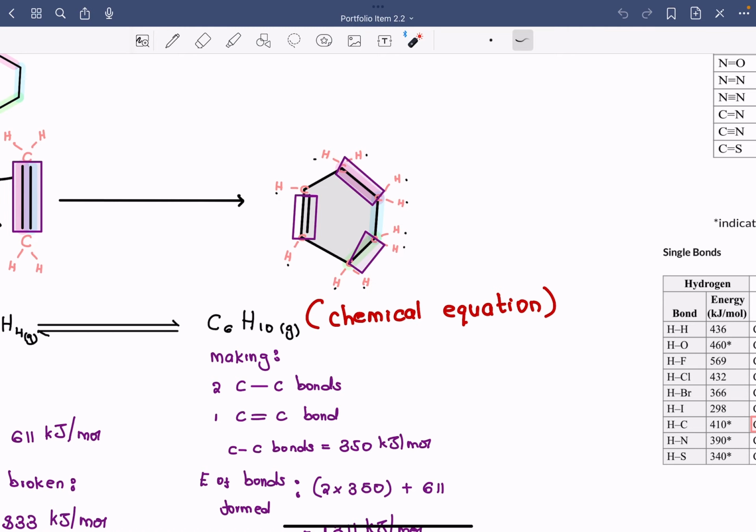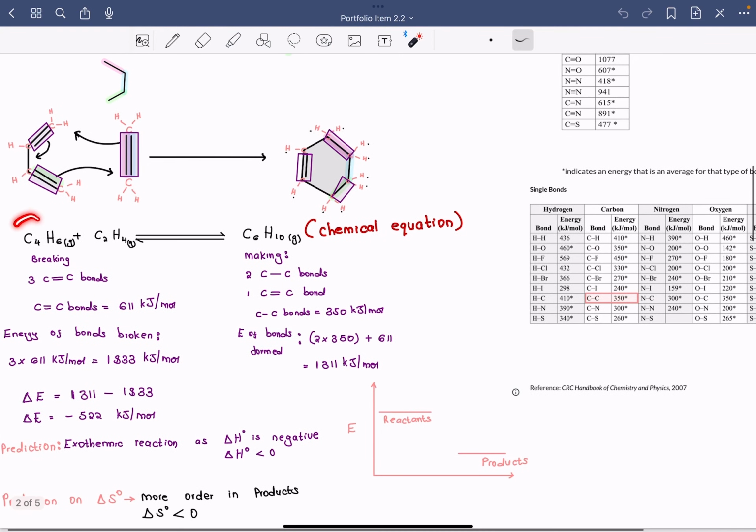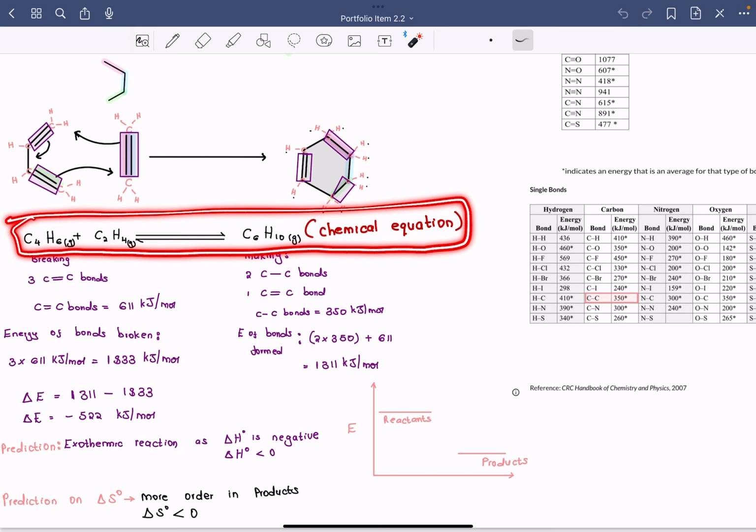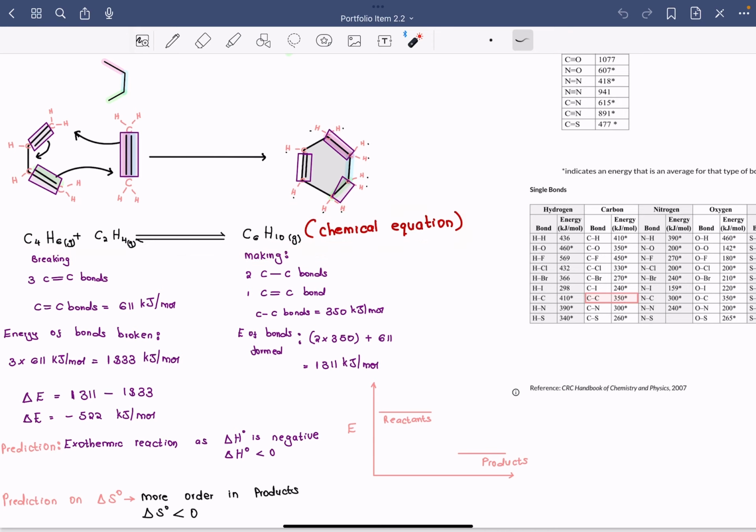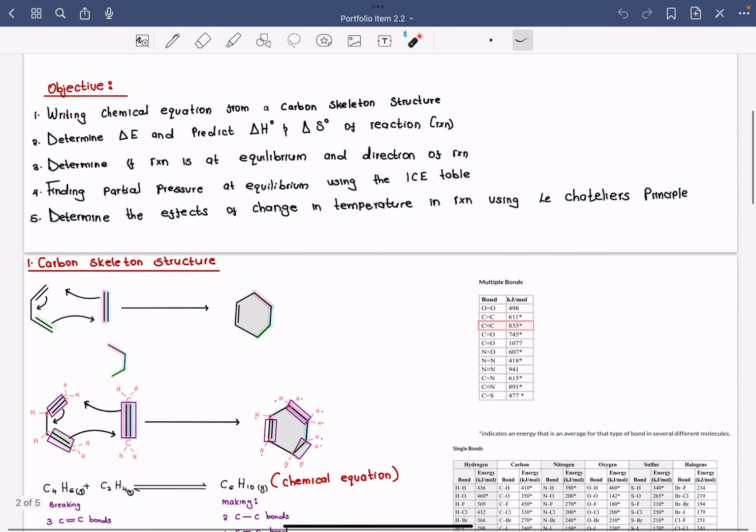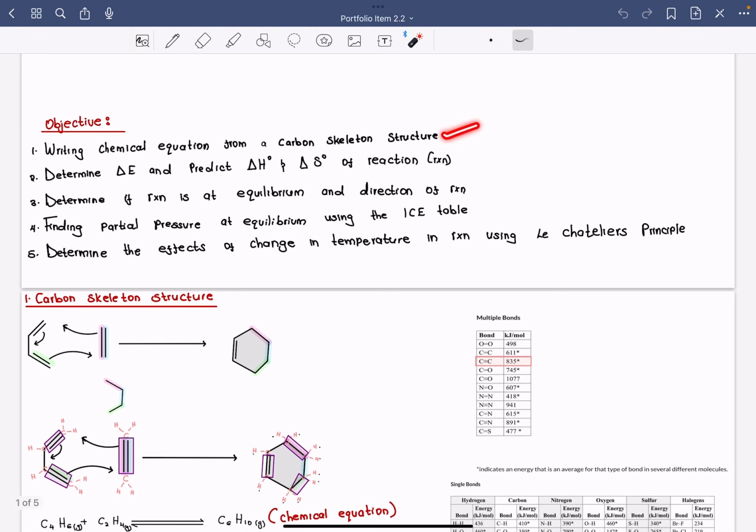So 10 hydrogens. So we now have an equation, which is C4H6 plus C2H4 reacts to give us C6H10. So from here we're done with the first objective.